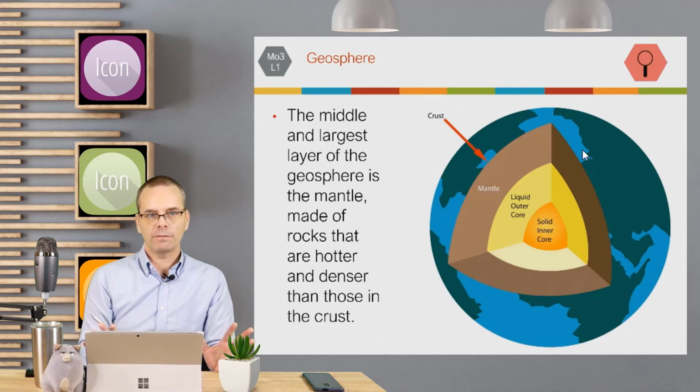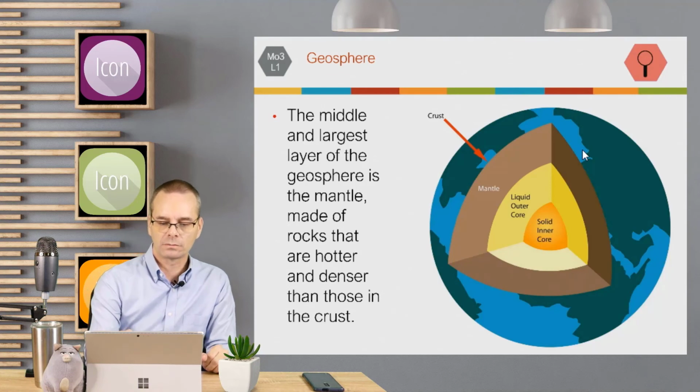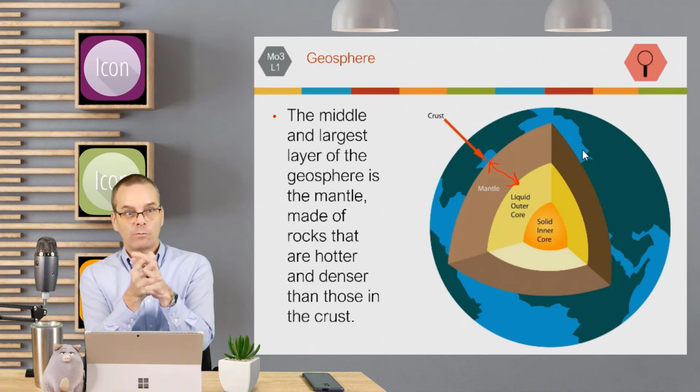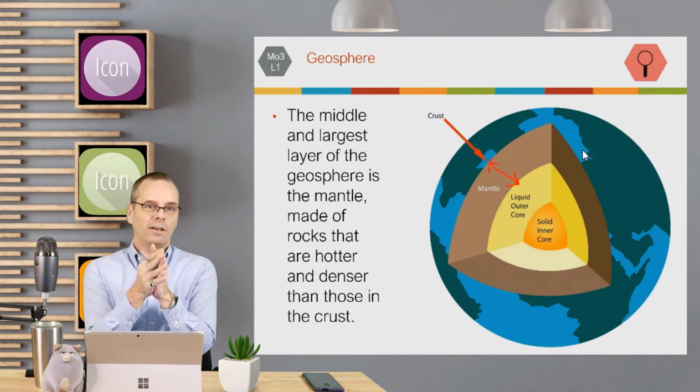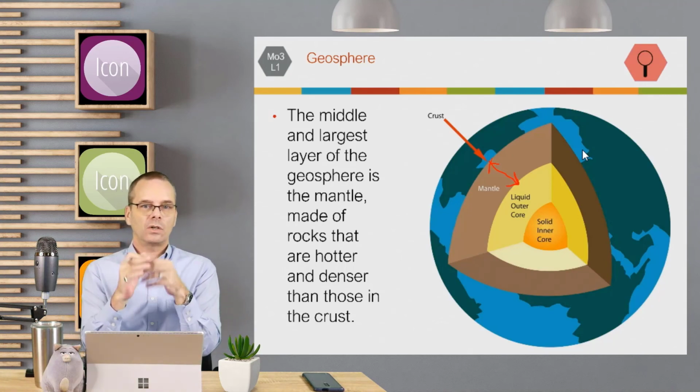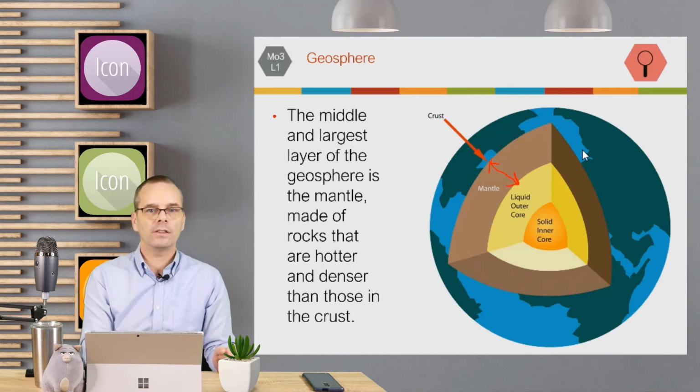The largest part of it is called the mantle. And the mantle is made up of all these rocks, and the rocks are being squeezed together to form metamorphic. They're turning into igneous rocks because they're melting and then hardening again. So all of that is happening underneath the Earth's surface in the mantle.